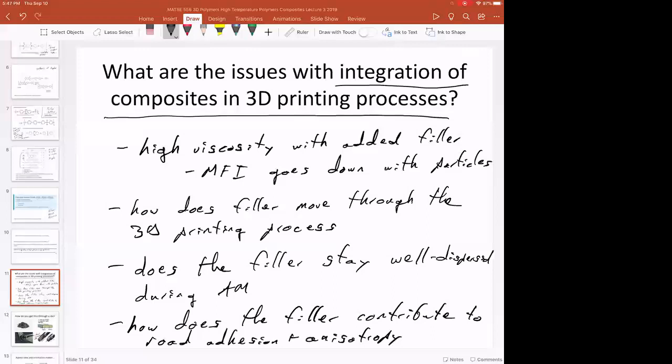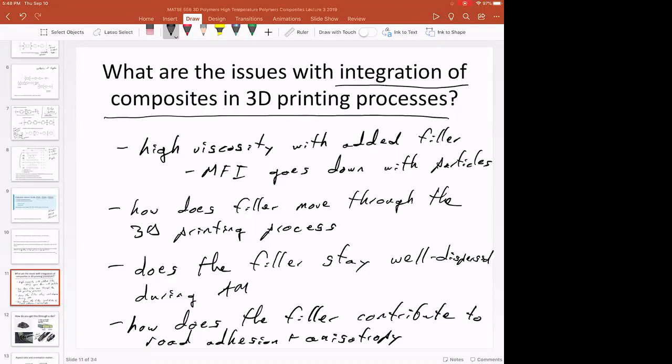That's sort of the same as, does the filler stay well dispersed during AM? But if the filler segregates to the surface, or if the polymer segregates to the surface and the filler doesn't, that could affect road adhesion, making it better or worse. And if we have an anisotropic filler and we're doing AM, we might give very anisotropic parts. And so we need to be aware of that. And I'll show some examples of that as we go on talking about more composites.